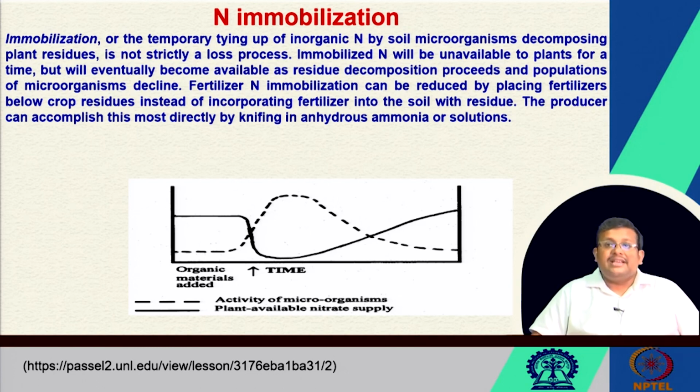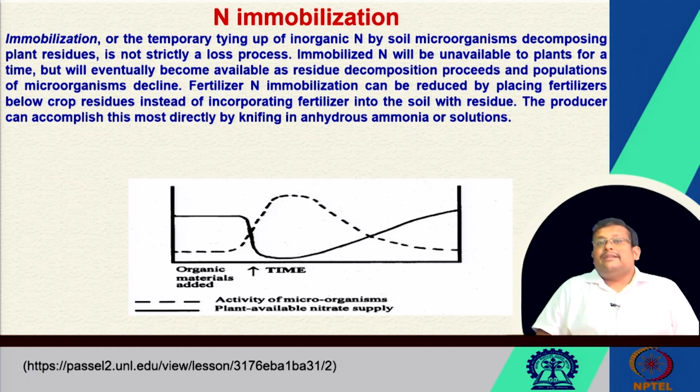So, what happens is that immobilization can occur in the microbes' body. When the microbes die, they decompose, their organic nitrogen decomposes and further goes back to the environment as inorganic form of nitrogen.